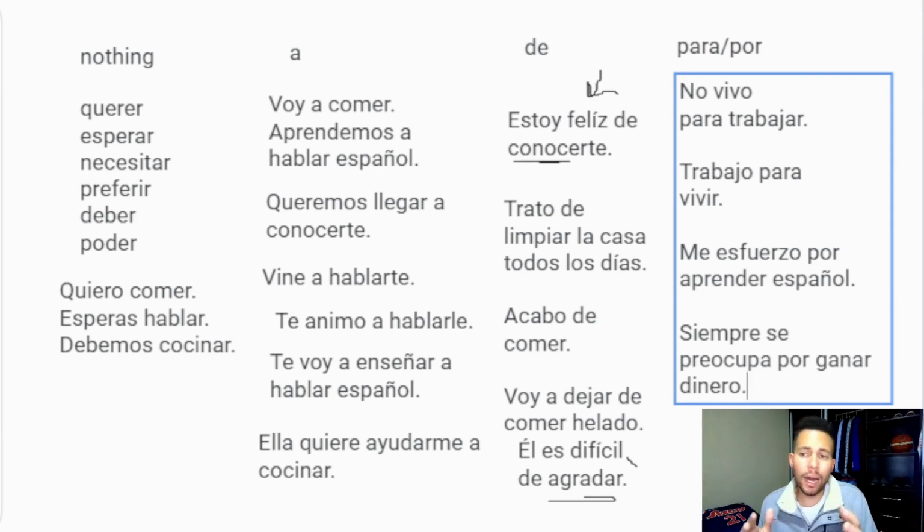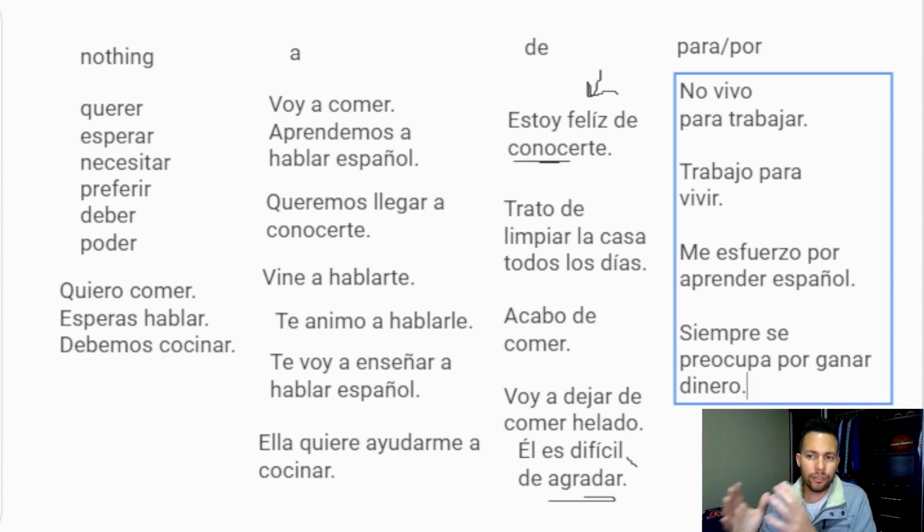That's something to keep in mind. But the main thing here with para is we want to think of the phrase in order, in order, in order. I don't live, no vivo para trabajar. I don't live to work. I don't live in order to work. You could kind of say that idea even if you're not saying the in order, but you could kind of say it. That would be a trigger that we would use para. No vivo para trabajar.